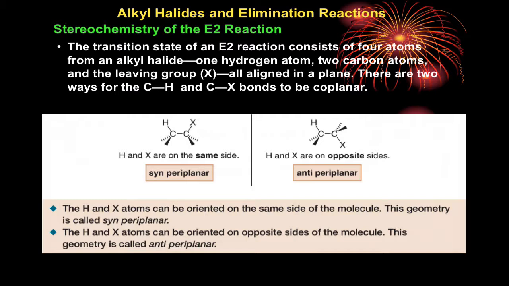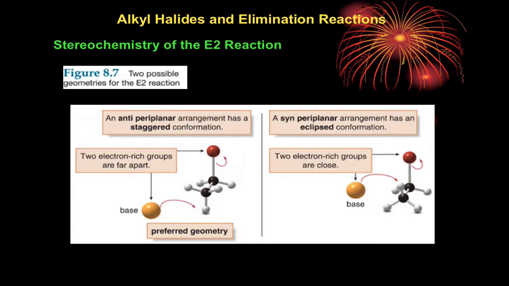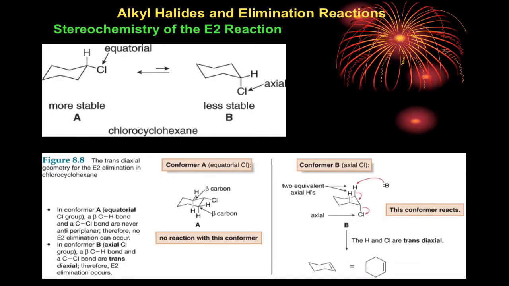And that's all fine and well as long as all you have is sigma bonds and it's acyclic. When you start to put something in a ring, it becomes much more difficult. So if we look at this example, here we have chlorocyclohexane. We know that chlorine, being the big group, prefers to be equatorial. We learned that. But we also know that we can undergo ring flipping, or chair-to-chair interconversions.